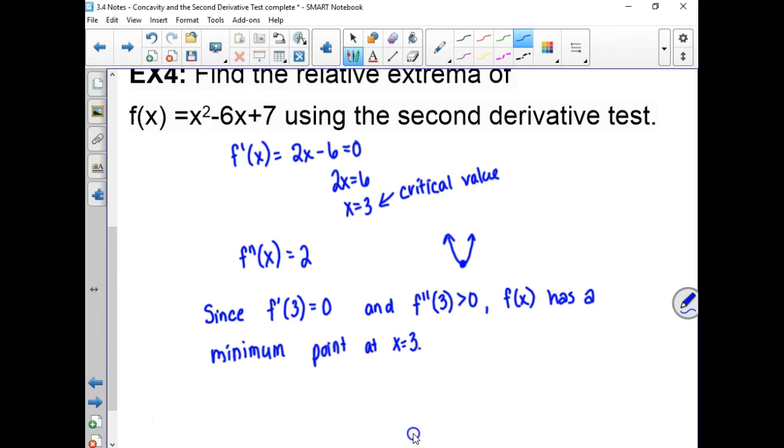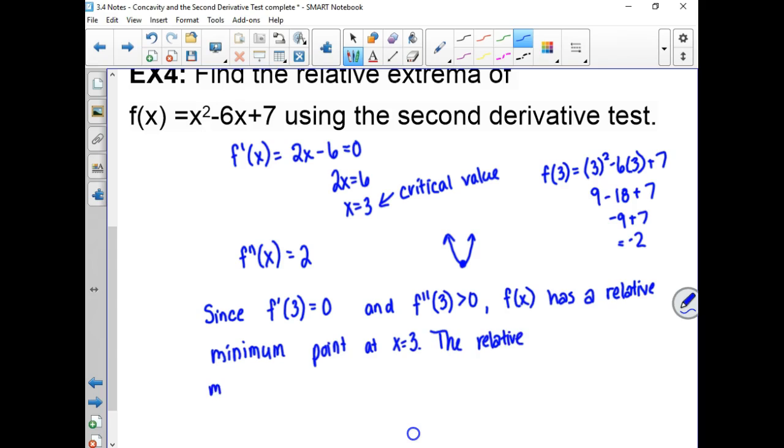And actually this one did not just ask us for x values, it asked for the relative extrema. So we probably should find f of 3, which would be 3 squared minus 6 times 3 plus 7, so 9 minus 18 plus 7, negative 9 plus 7, which is negative 2. And we should say relative minimum point.